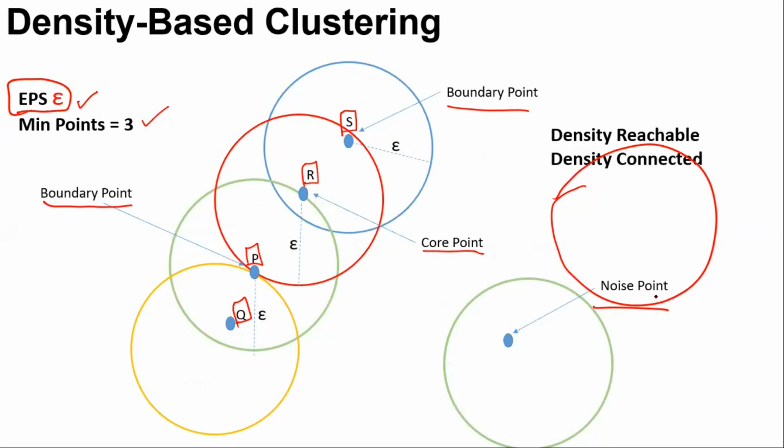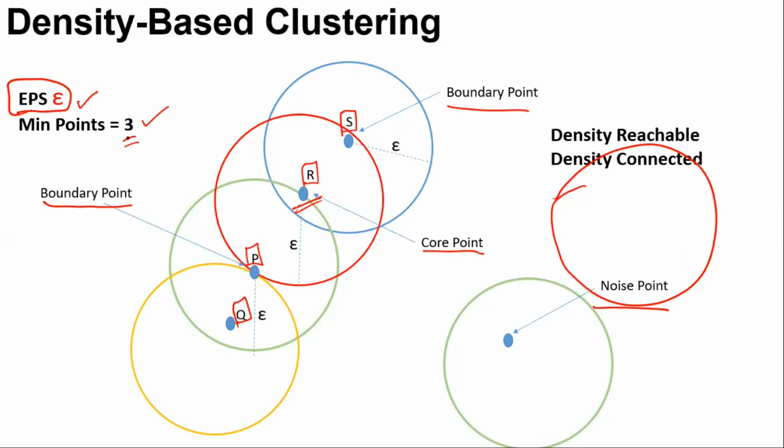Fine. Now, what is a boundary point? Before getting into the boundary point, let us understand what exactly a core point is. We call this a core point. It is the point in which we have a number of points more than or equal to the minimum number of points.